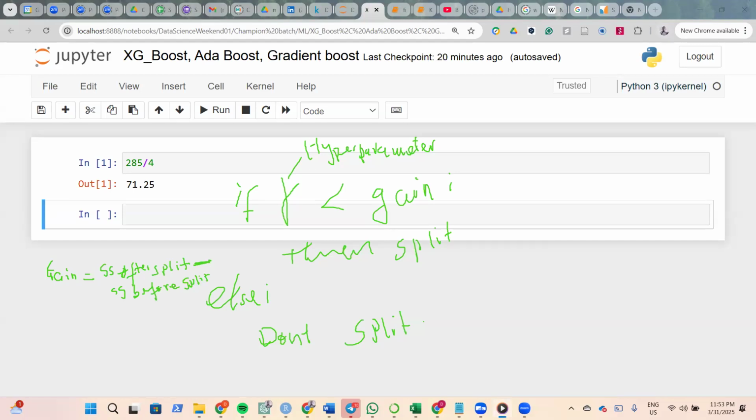SS stands for what we call similarity score. So gain is the similarity score after splitting minus the similarity score before splitting. Again, you're asking me what is the similarity score, and how do you know the similarity score before and after splitting? Okay, let's look at the similarity score before splitting.